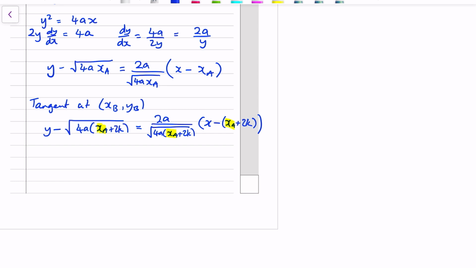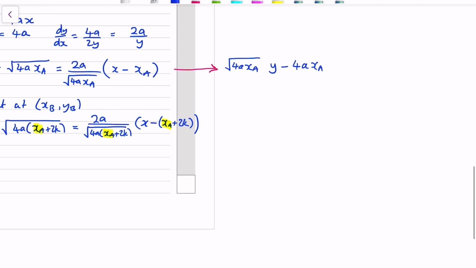If I multiply that first equation through by the fraction's denominator, root 4a xa, I'm going to have root 4a xa times y minus 4a xa, because the square roots will cancel, equals 2a times x minus xa. And I do the same thing for the other one.